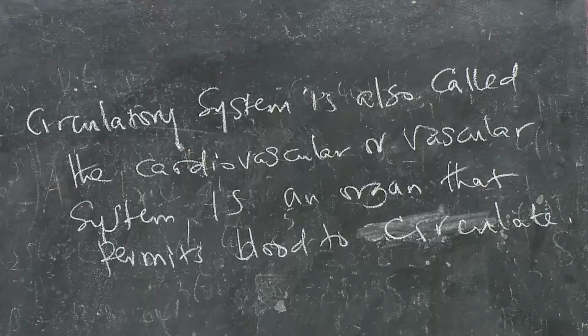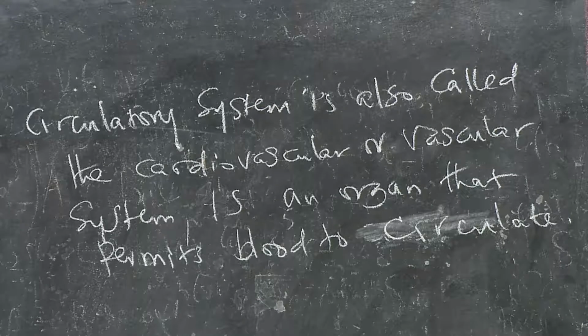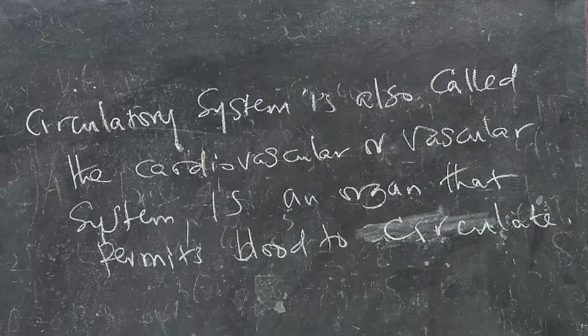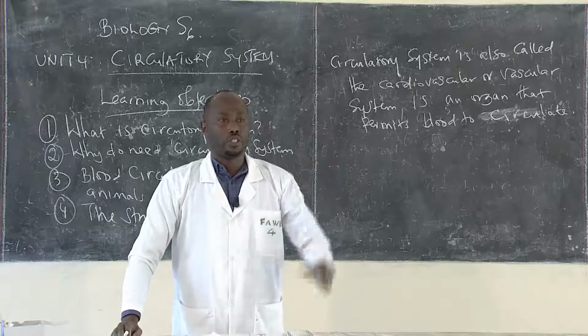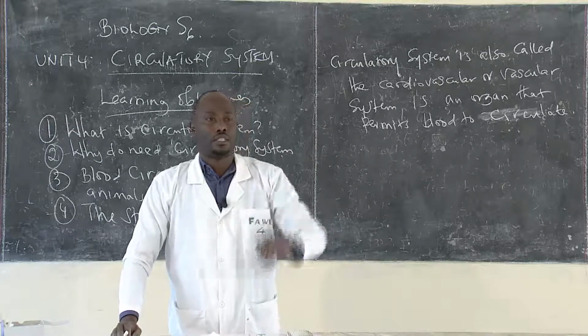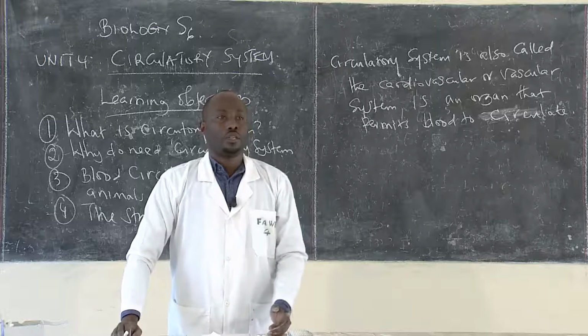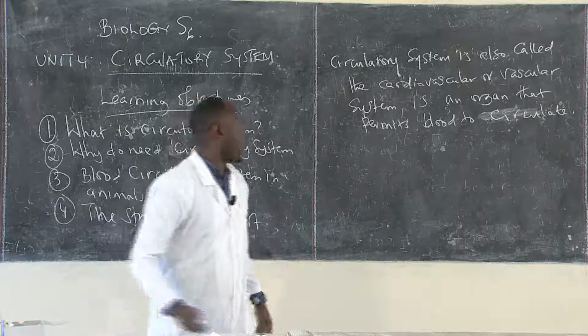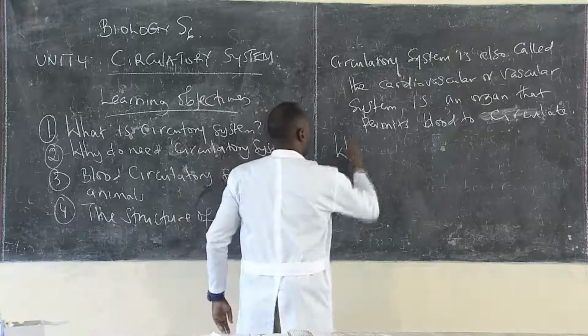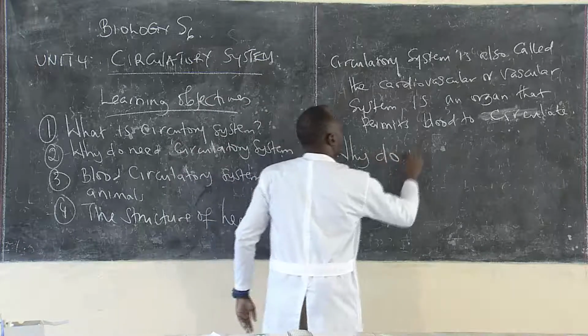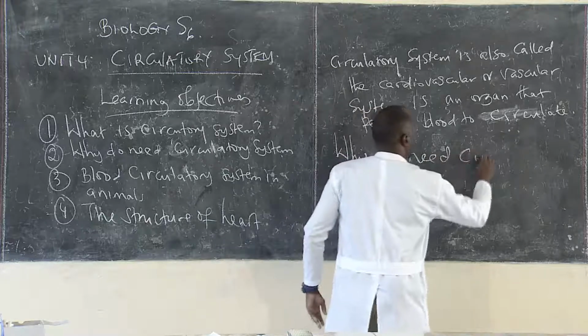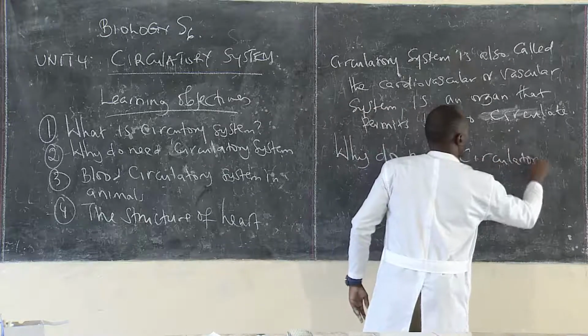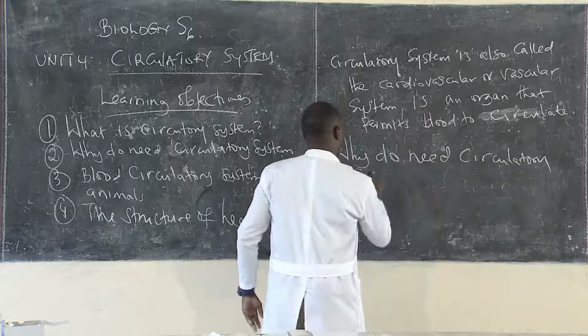Let's think about the primer. What are the needs? Why do we need a circulatory system? Why do we need a circulatory system, or why do we need a lymphatic system? In some of the insects, in some of the animals, why do we need a circulatory system?